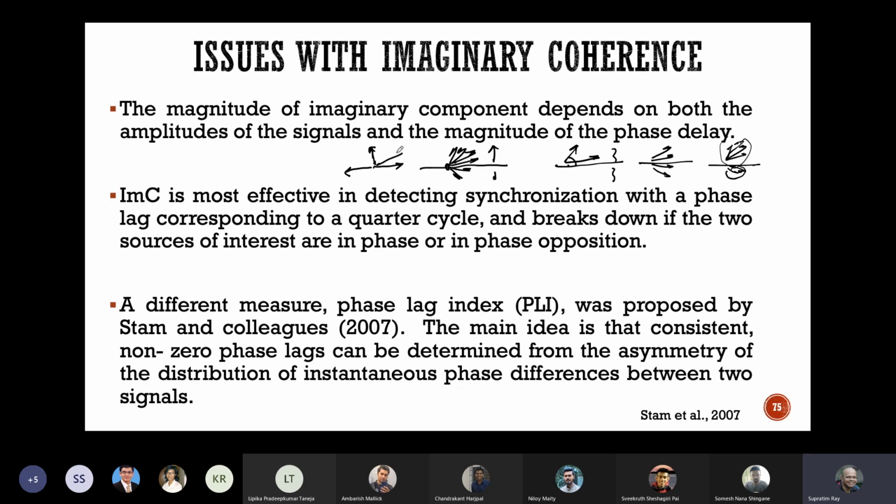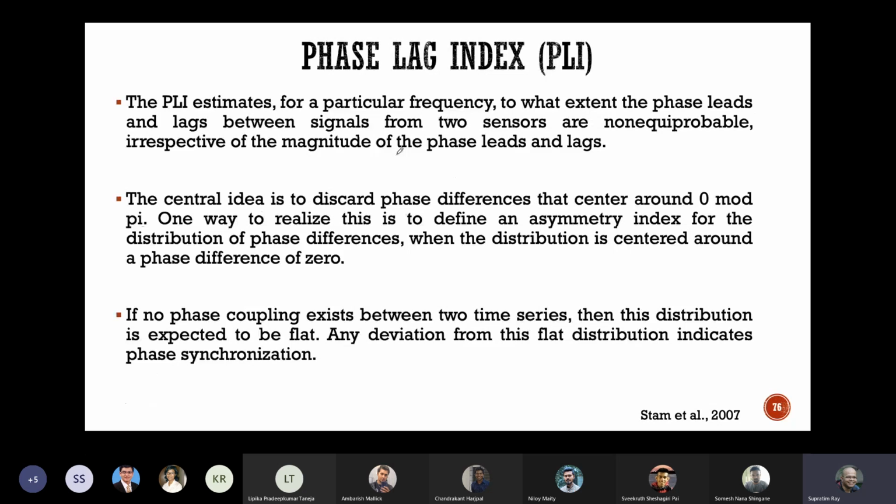I don't care whether the vectors point in this direction versus that direction. They'll both be positive. Okay, so I work now with the sign of the phase, not the magnitude of the phase or the magnitude of the cosine. Sorry, or the sign of the signal. It's just the sign, whether it's positive or negative. That's the only thing I care about. Okay.